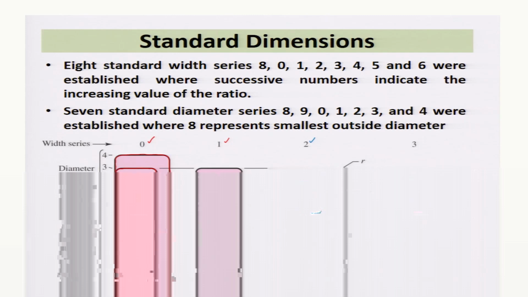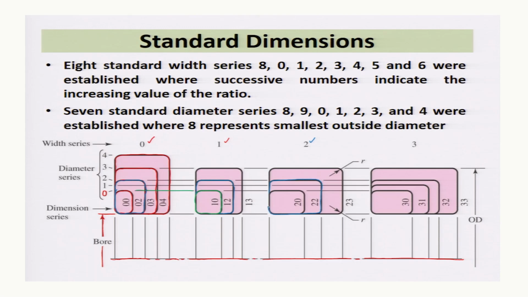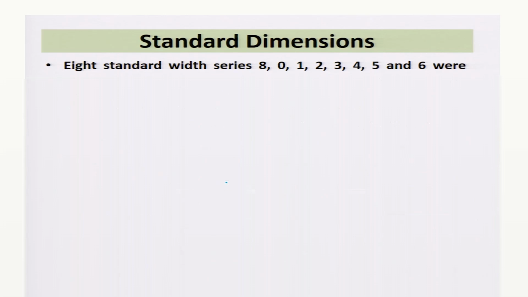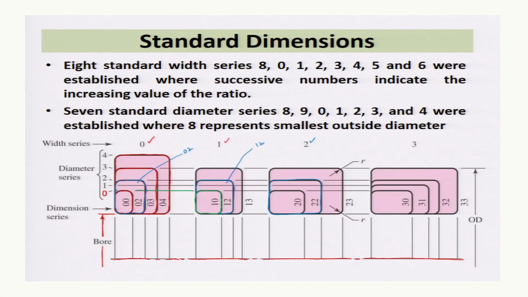Bearings with dimension given by this one is 1 2 and this one is 2 2. With the change in width, the diameter is the same.